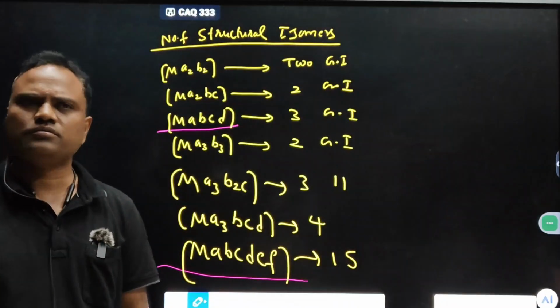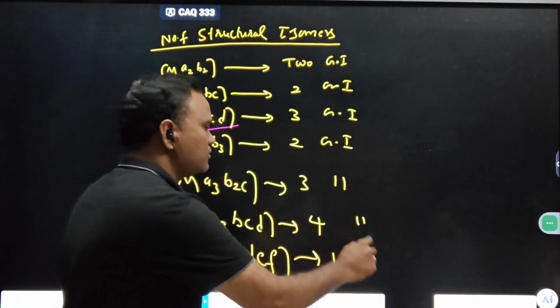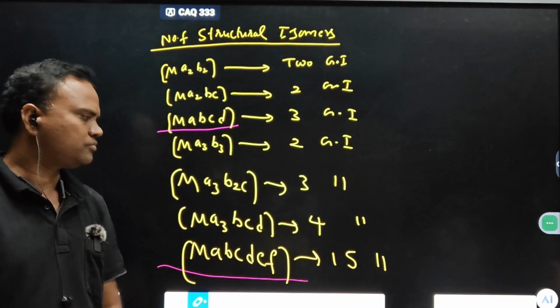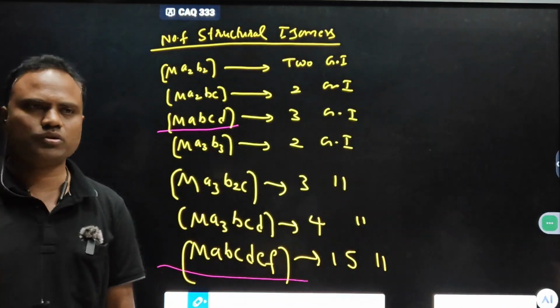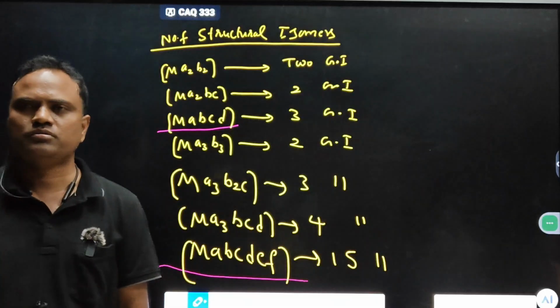We can consider optical isomers, but geometrical I gave, only for geometrical. Okay, 15 geometrical isomers are possible.